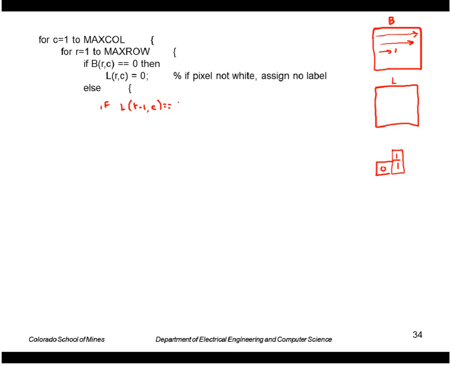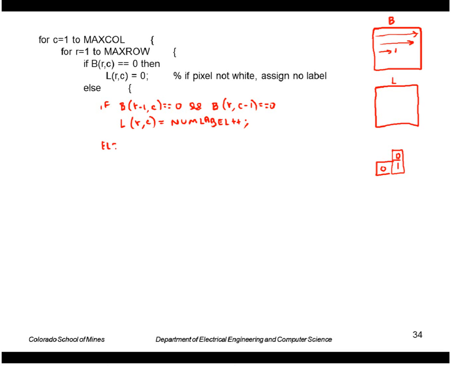Let's first consider the case where they're both zeros. I'm sorry, this should be a B, not an L. So if B, the binary image, above me and to the left of me is 0, then I basically have discovered a new region. So I'm going to increment my label counter and assign that to L.